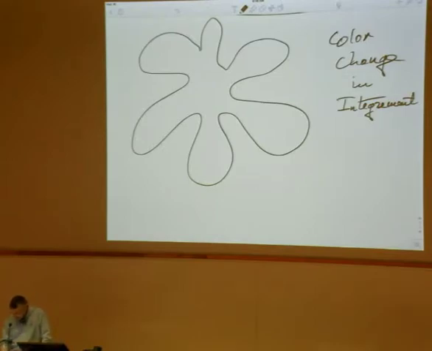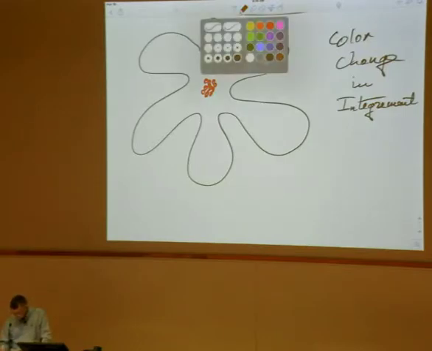Well, the way you do that is you put the pigment granules along tracks of microtubules.